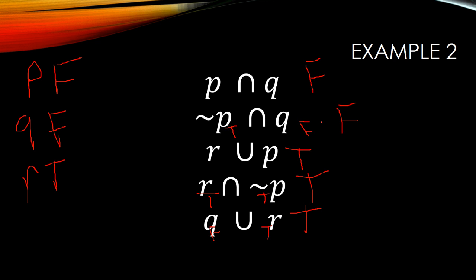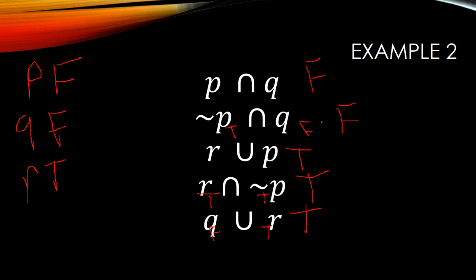R or P. In this case, when it's or, either one of them can be true, and that's fine. And so because R is true, the entire statement is true. If I told you I am either male or 108, well, only one of those has to be true for the entire statement to be true. If I say I'm a male and 108, they both must be true.